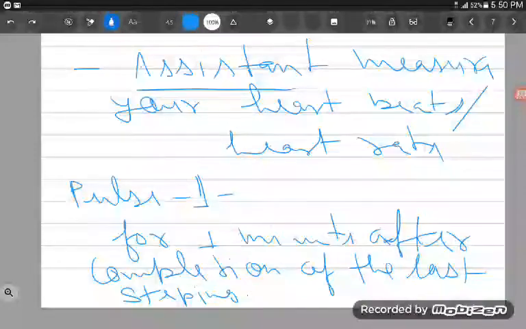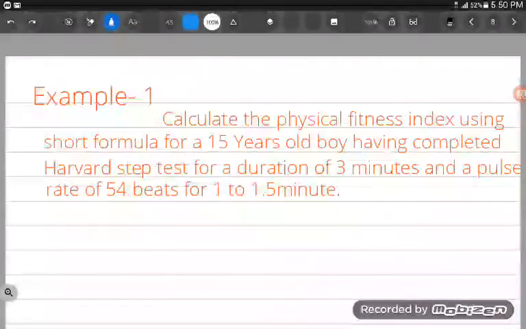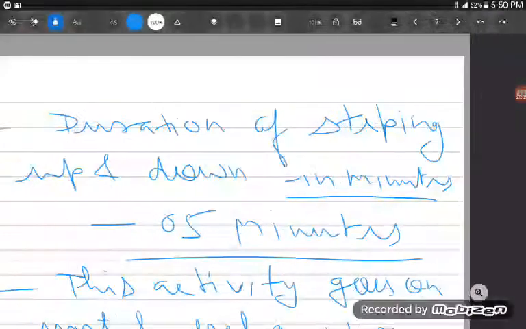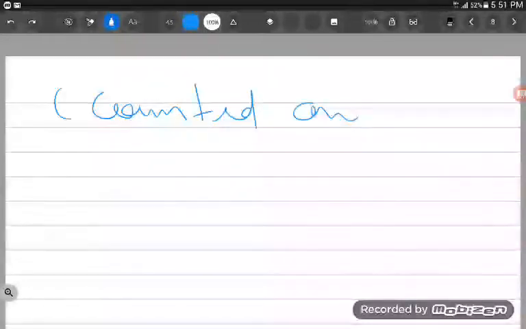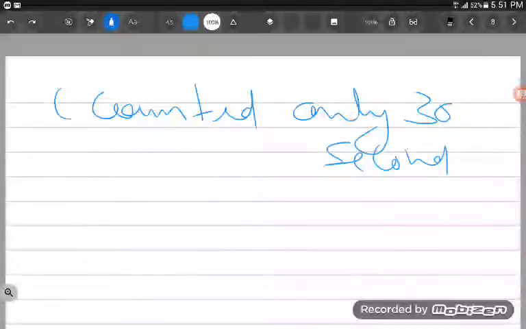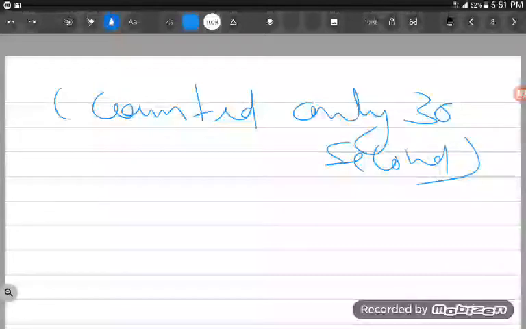And Pulse 1, you will count only 30 seconds, because when we count for the full 1 minute, you will not get the exact value, and you will double it to write in your copy for a record.